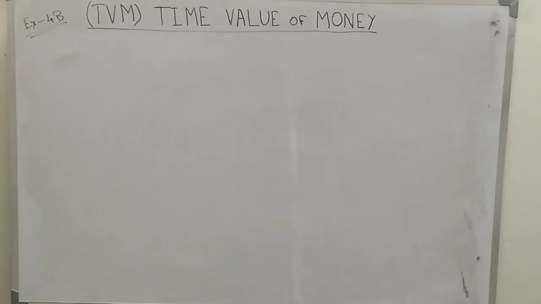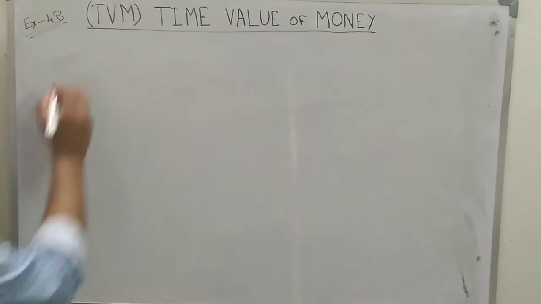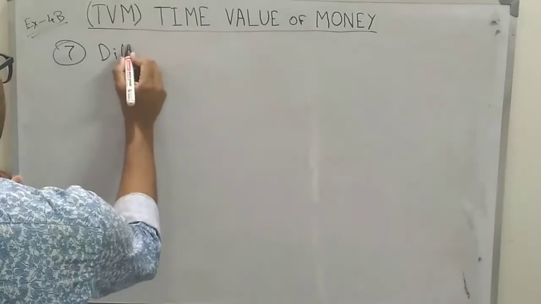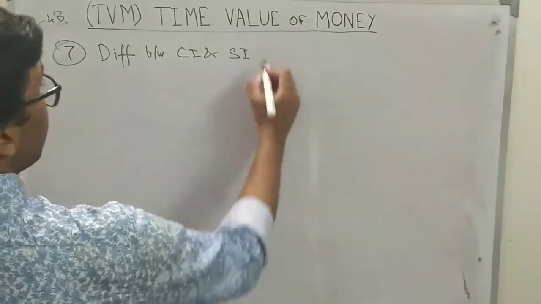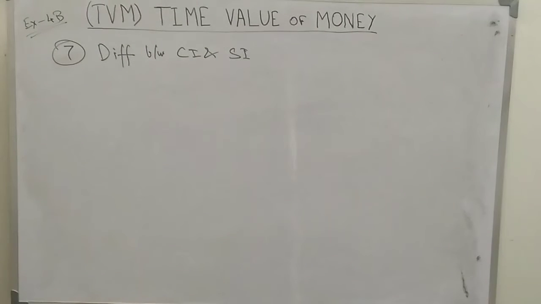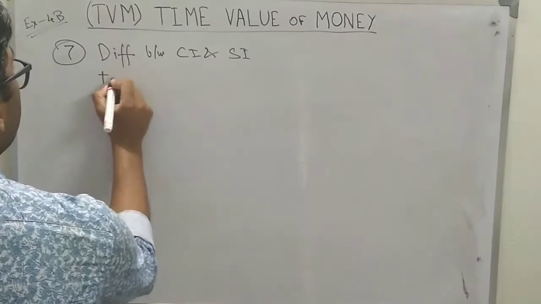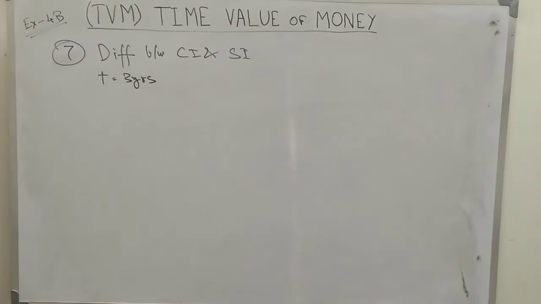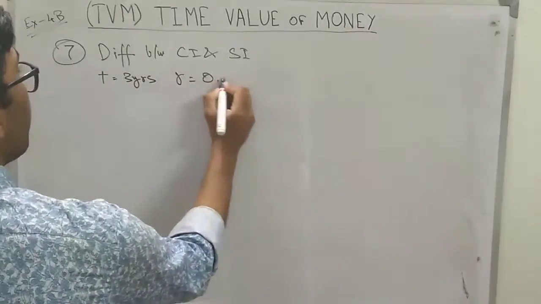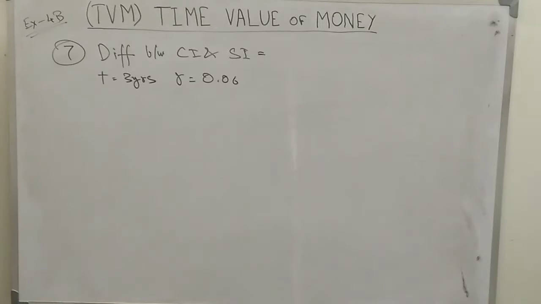Now question number 7. In question number 7, it is said that we have to calculate the difference between compound interest and simple interest on a certain sum of money, the principal is not given, invested for 3 years at 6% per annum, R is 0.06.